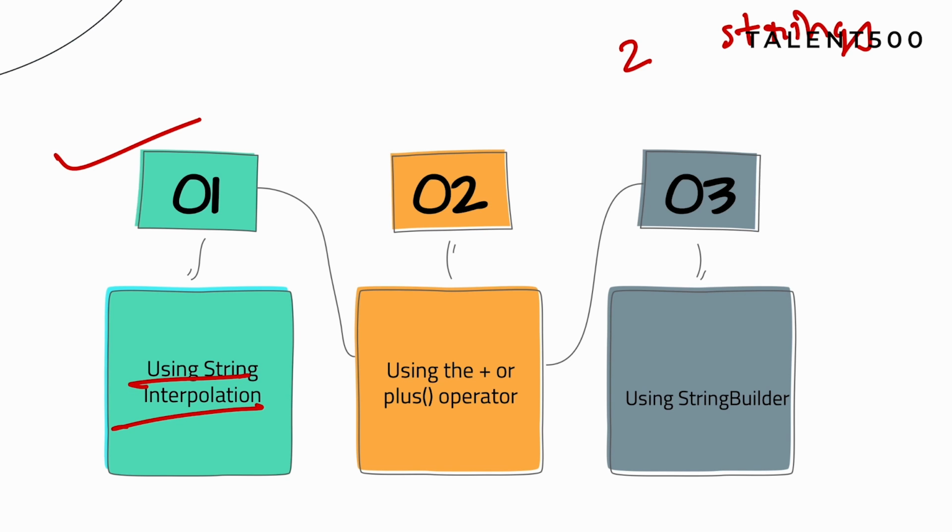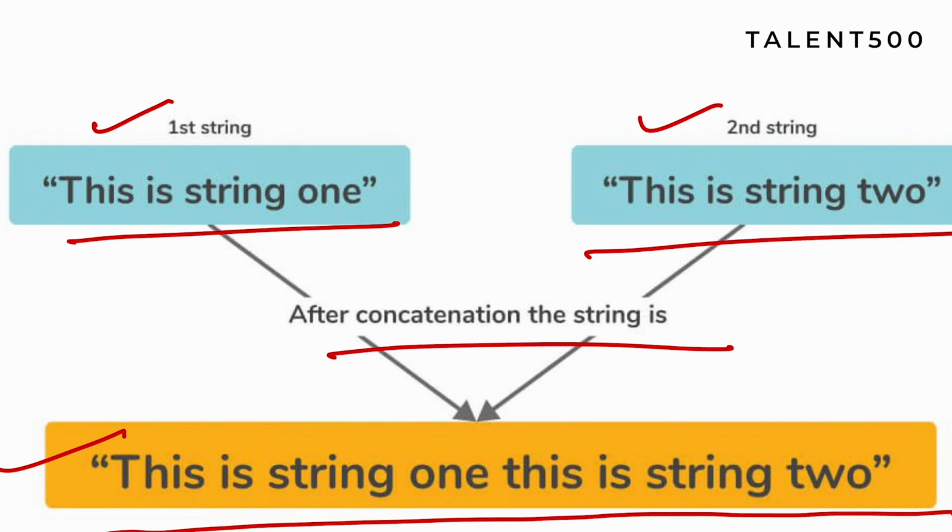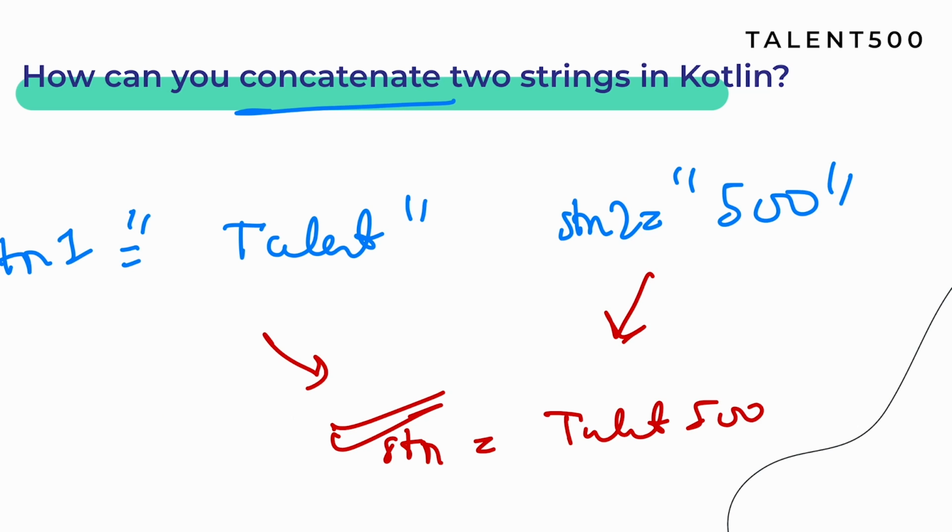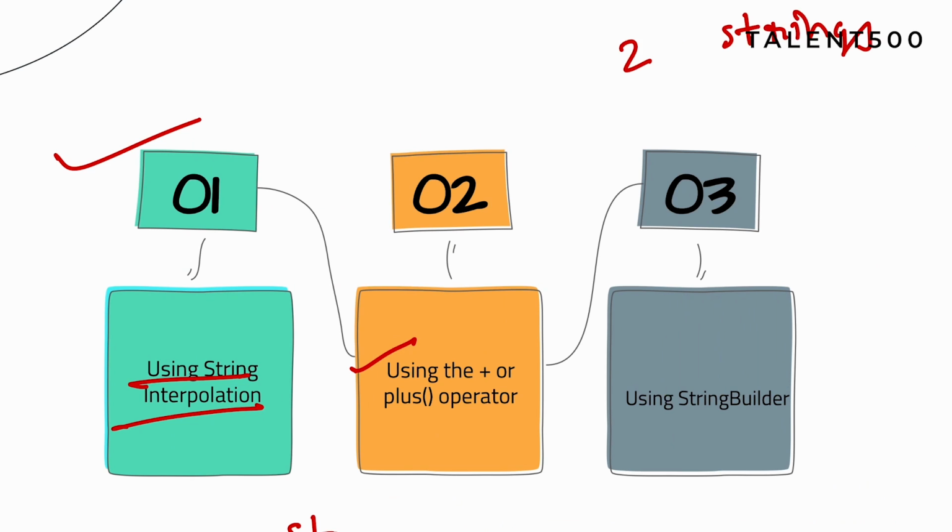Let's say you want str1 to be a combination of string 1 and 2, so you can simply do something like string 1 plus string 2. That's it. This is the second way, using the plus operator. And again, StringBuilder is also there. It is common across multiple programming languages.